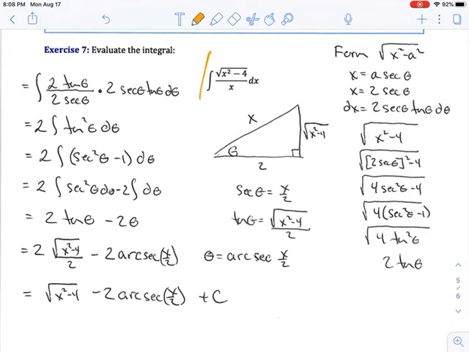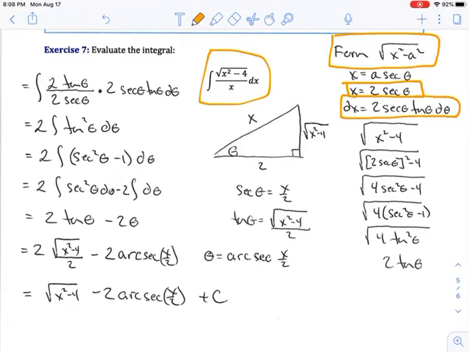So we can see from our problem that we do have the form that we are looking for. And so therefore we're going to let x be equal to a secant theta, where a is going to be 2. And so we end up with x is equal to 2 secant theta, and dx is equal to 2 secant theta tangent theta.